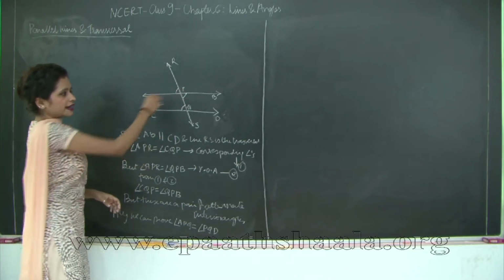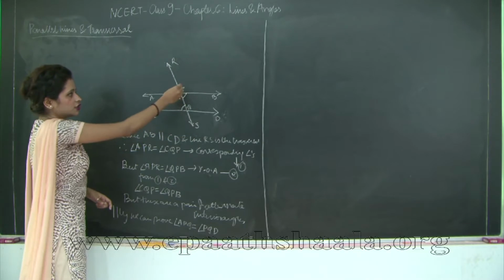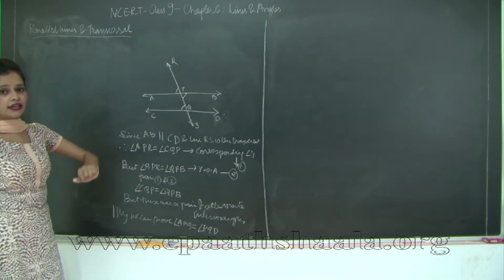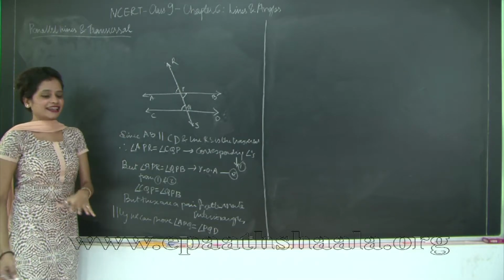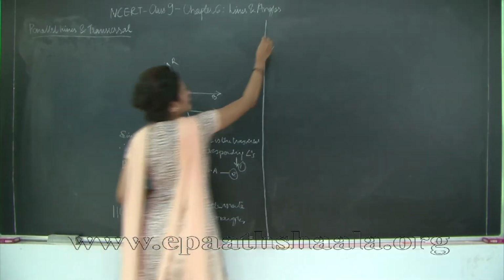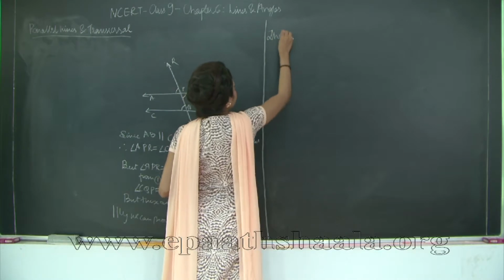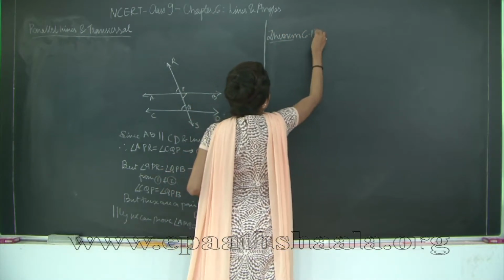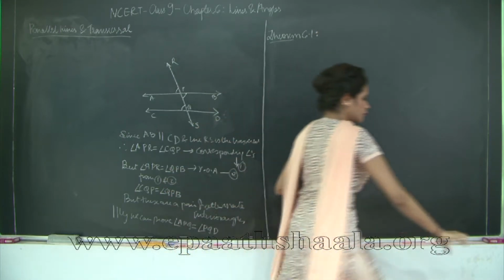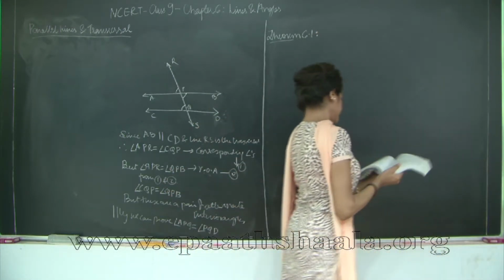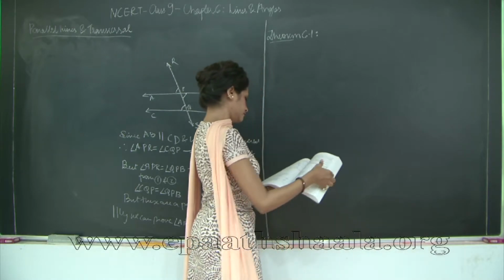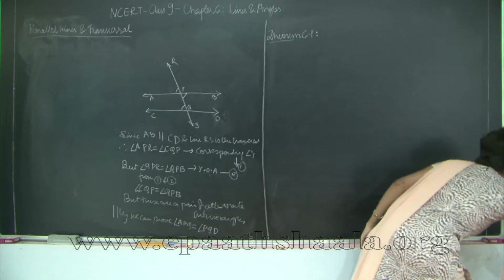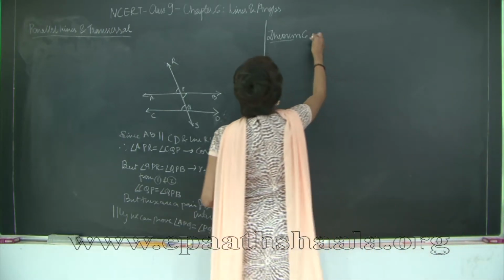That for two parallel lines and a transversal intersecting these lines in two distinct points, the alternate interior angles are equal. Therefore, we have a theorem. Let me confirm if it is 6.1. Just hold on. It is theorem 6.2.